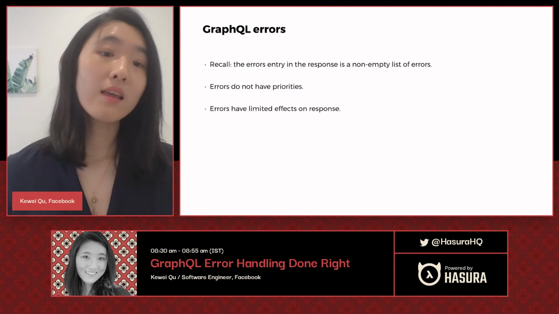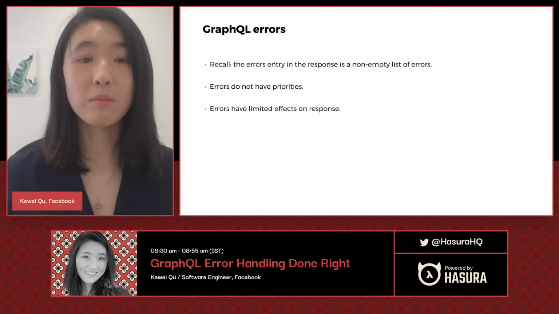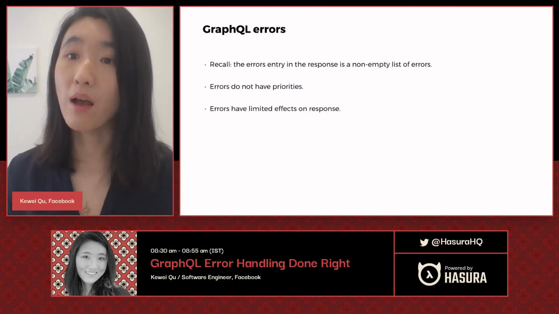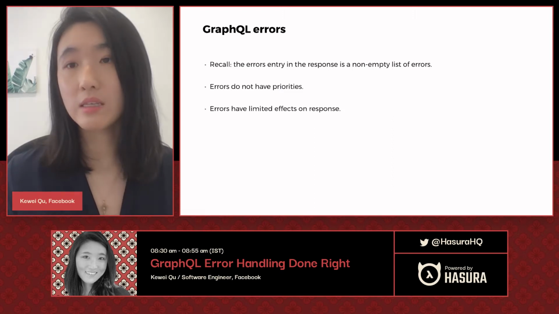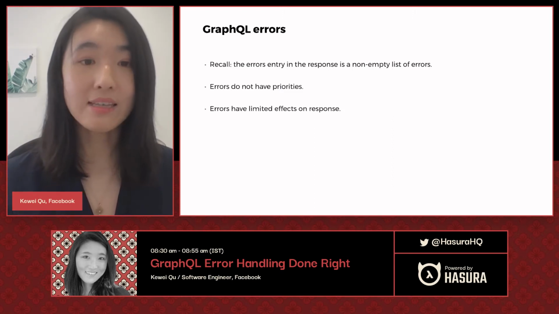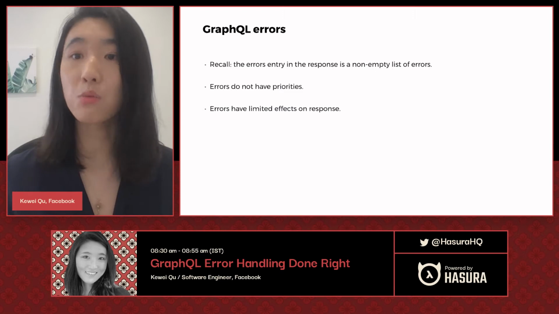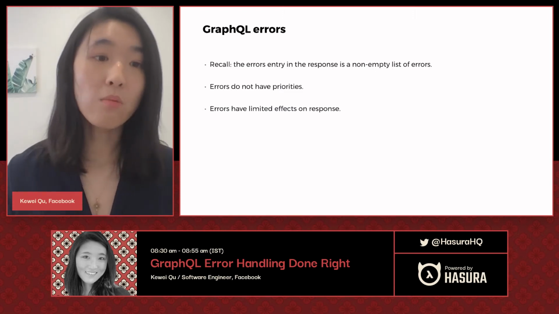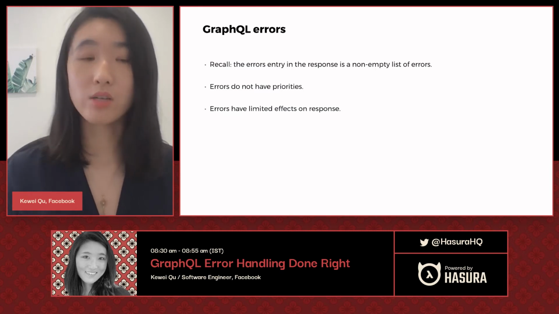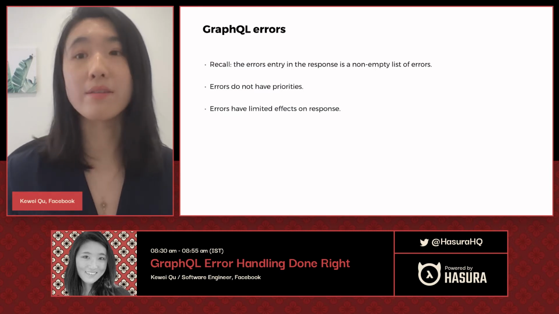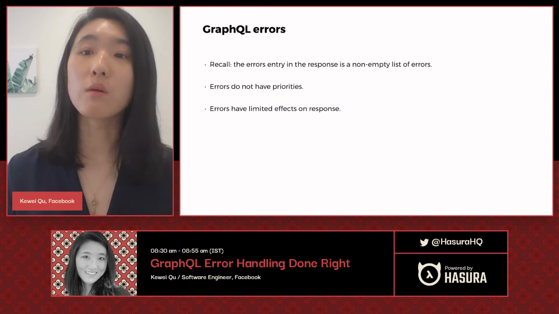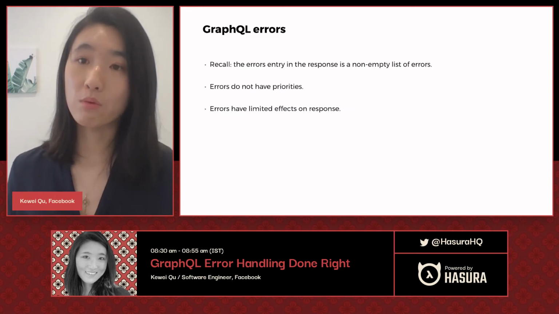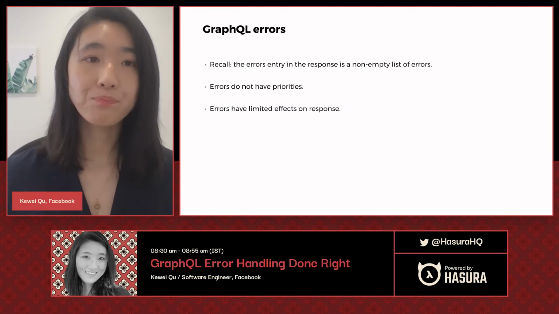And the second thing is that errors actually have very limited effects on the final response. If it is a nullable resolver that has errors, then the field will just become null. And if the resolver is non-nullable, we actually bubble up the null until it reaches a nullable ancestor. So the way it affects the final response is pretty limited.